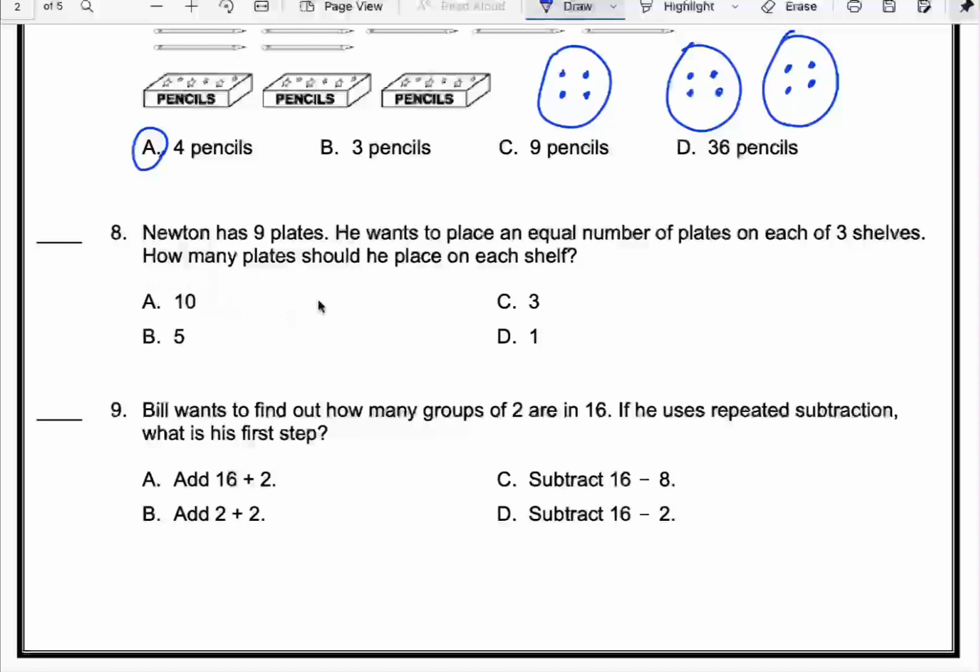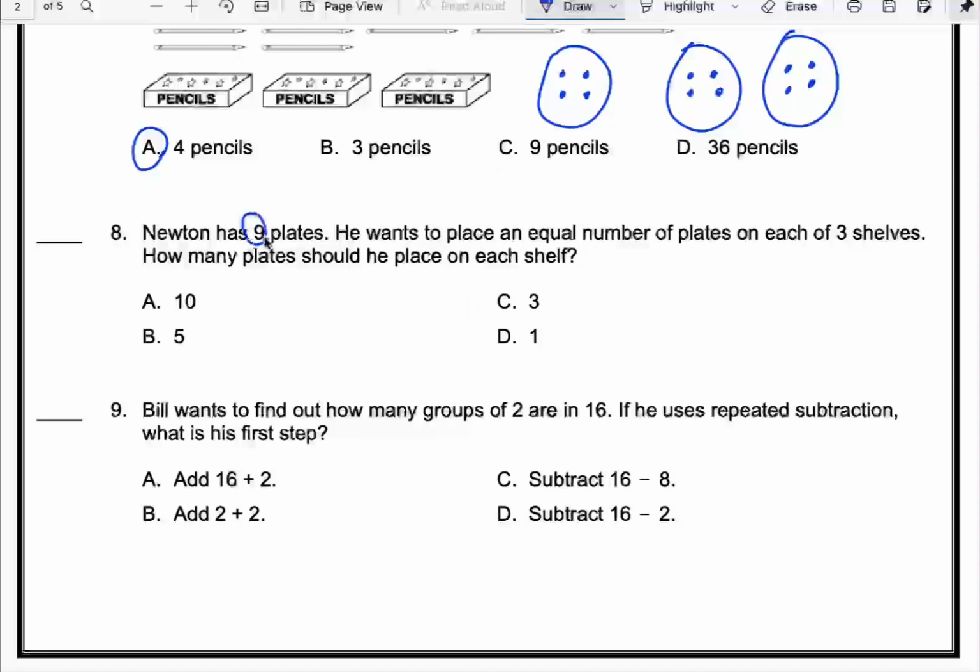How many plates should he place on each shelf? Okay, now my hero, in this question, we need to multiply or we need to divide the 9.